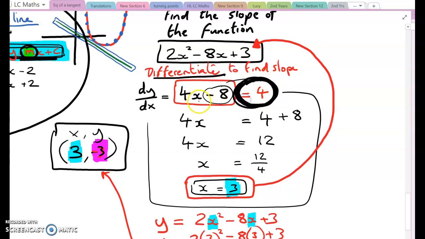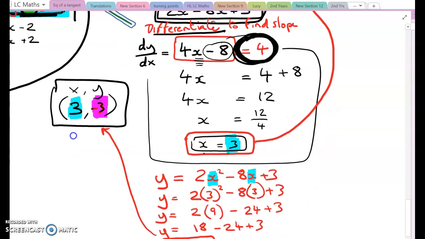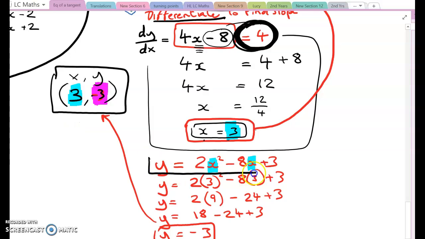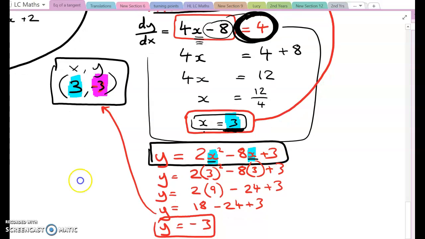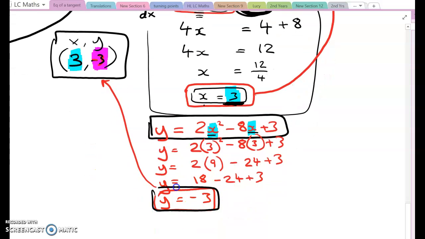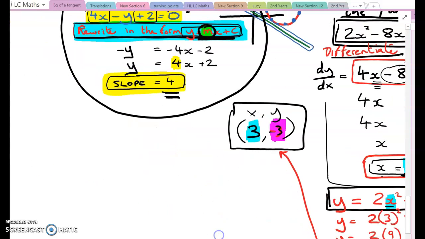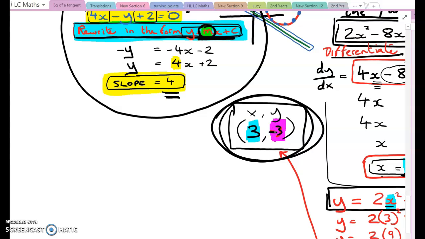And by doing that, we were able to find what x is. And once we had what x was, we subbed that back into the original function that the question said y was equal to. We subbed that 3 in there for x, and we got the y coordinate. So the coordinate where the slopes are the same is 3, minus 3.